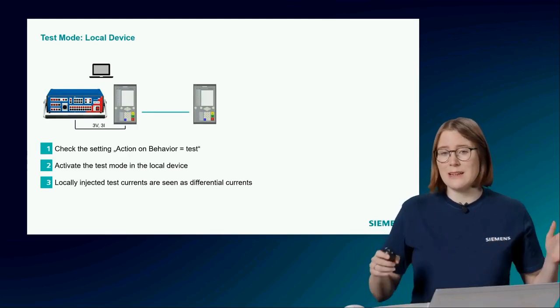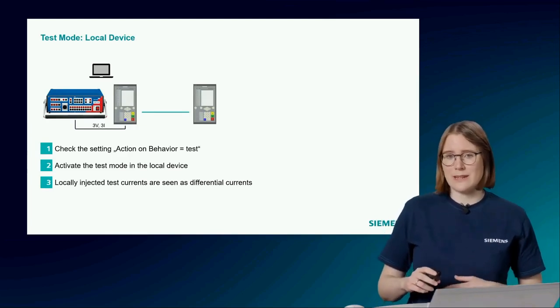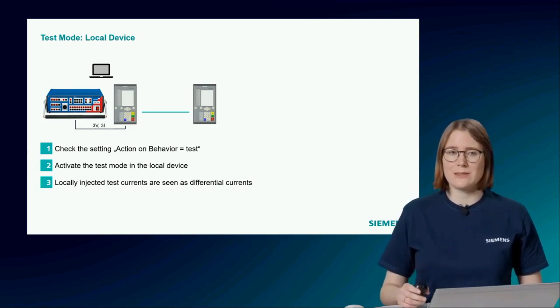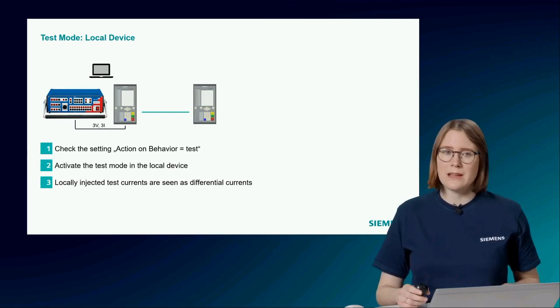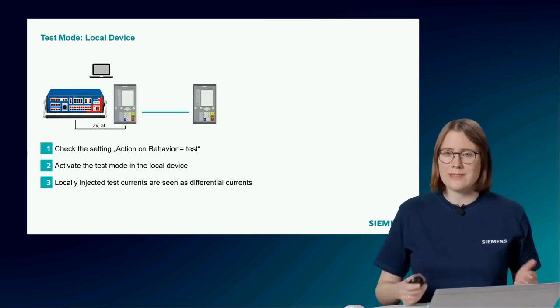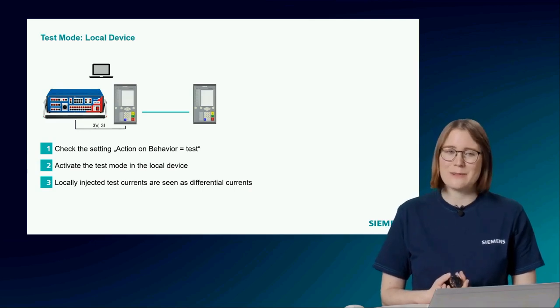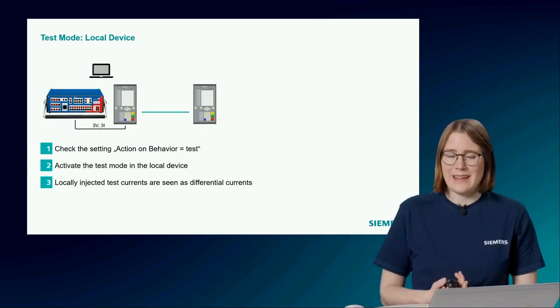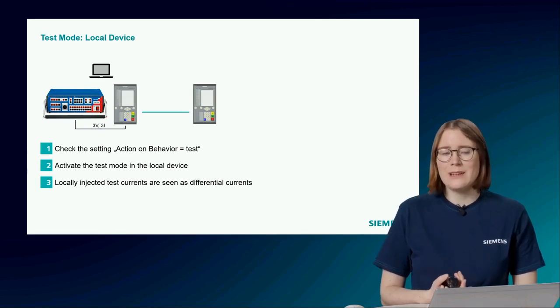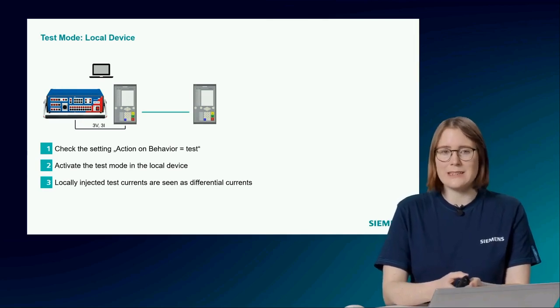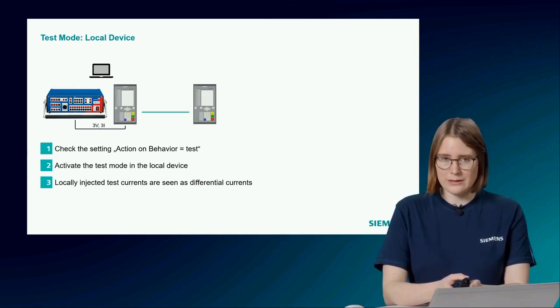Okay, is my differential protection running? Is everything fine? Then you can connect to only one of the two devices, the local device that you're sitting in front of, connect only this device to the Omicron, and then activate the local device test mode. And in this test mode, all locally injected test currents are seen immediately as differential current.